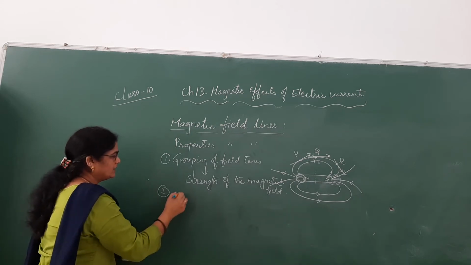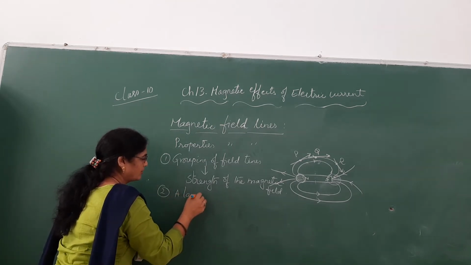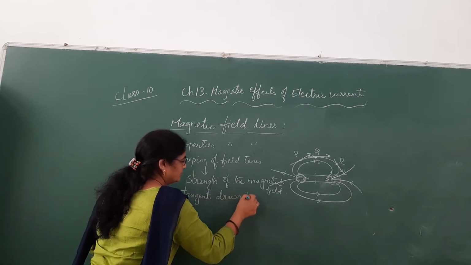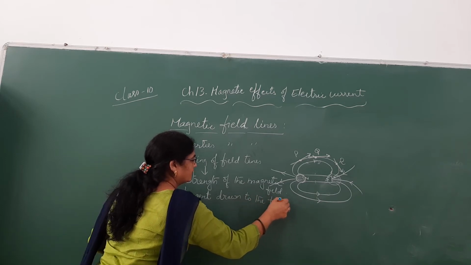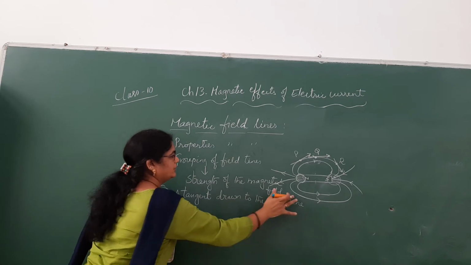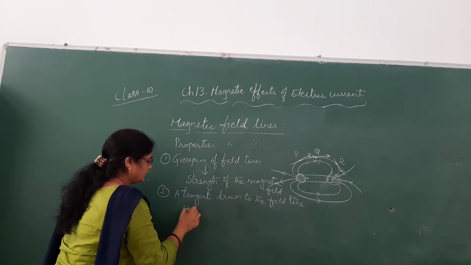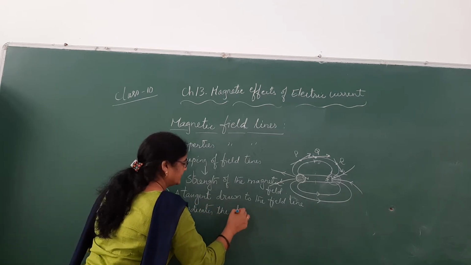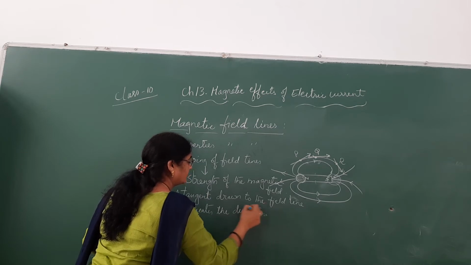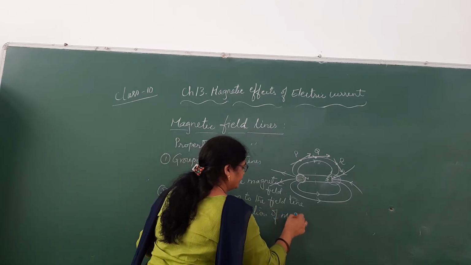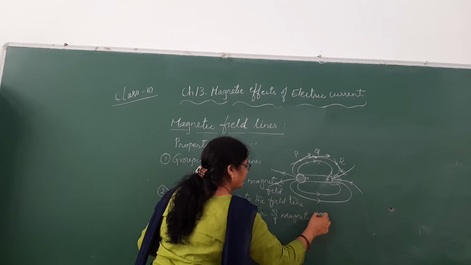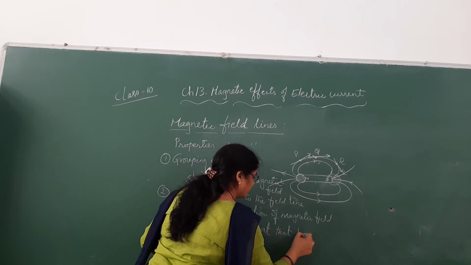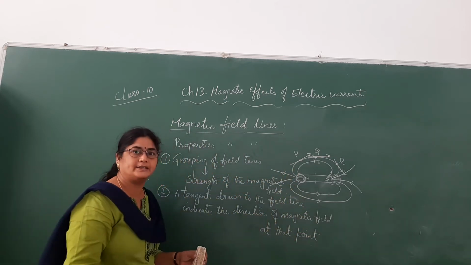Secondly, a tangent drawn to the field line indicates the direction of magnetic field at that point.